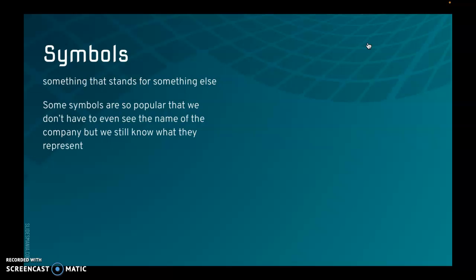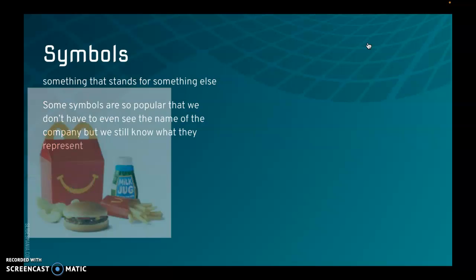So today we're going to talk about symbols. Say symbols for me. Good. Symbols. A symbol is something that stands for something else. Some symbols are so popular that we don't even have to see the name of the company, but we still know what they represent.